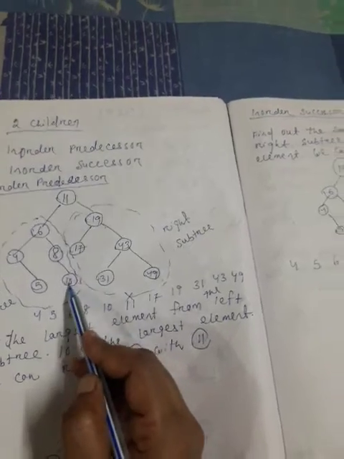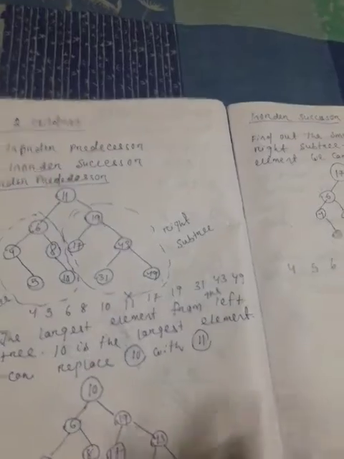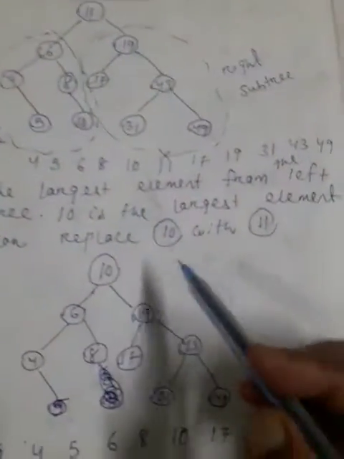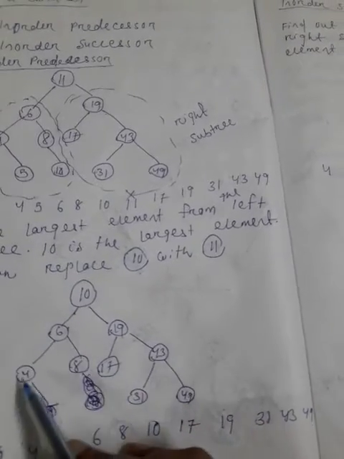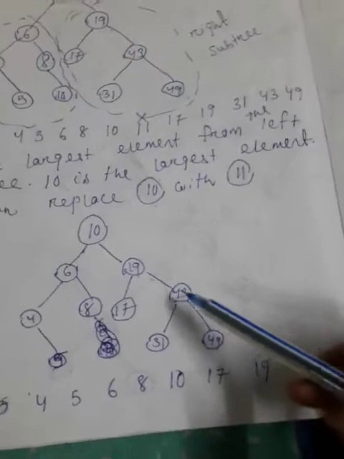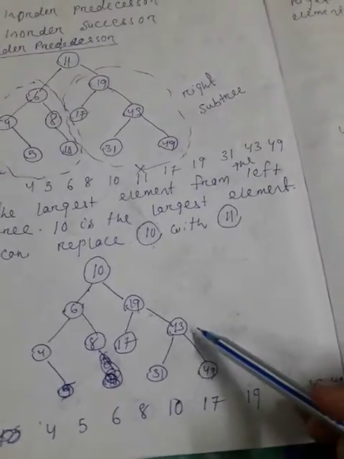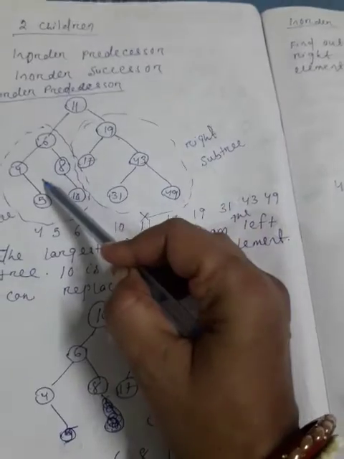We simply replace the value of 11 by 10. Other values are the same: 6, 4, 8, 5, and on the right 19, 17, 43, 31 and 49. This is known as in-order predecessor. Predecessor means before.